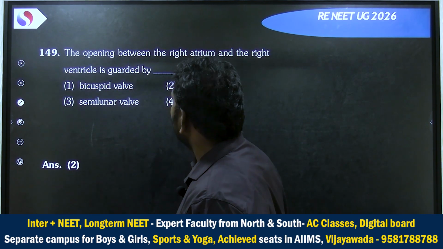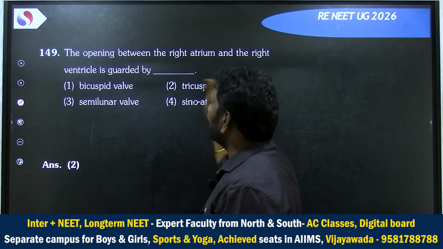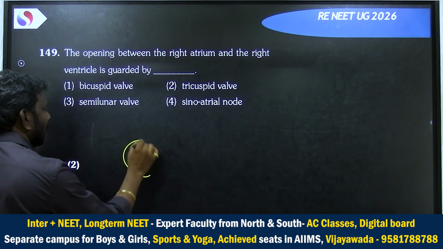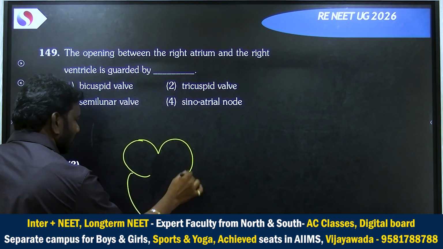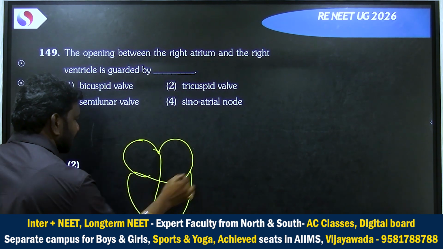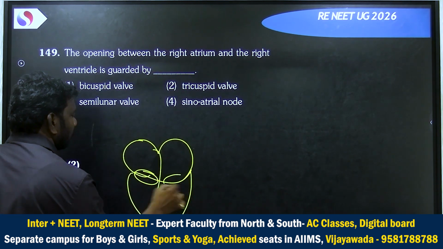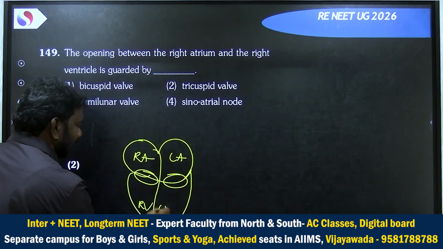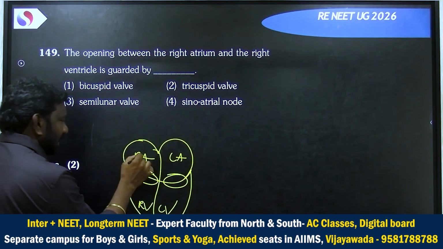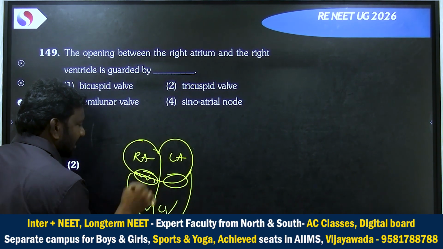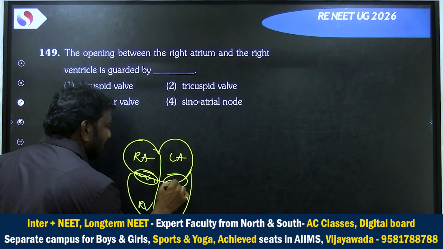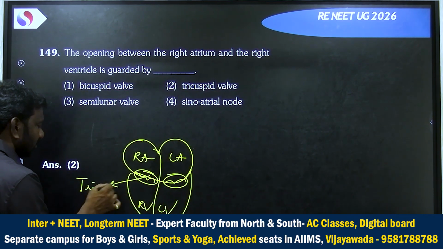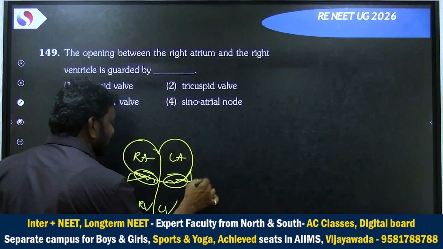149. The opening between the right atrium and right ventricle is guarded by, the question is from body fluids and circulation. The human heart has 4 chambers: right atrium, left atrium, right ventricle, left ventricle. The right atrium and right ventricle are guarded by the tricuspid valve. The left atrium and left ventricle are guarded by the bicuspid valve.